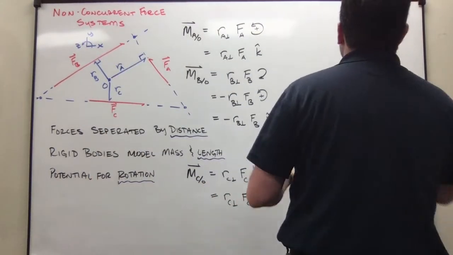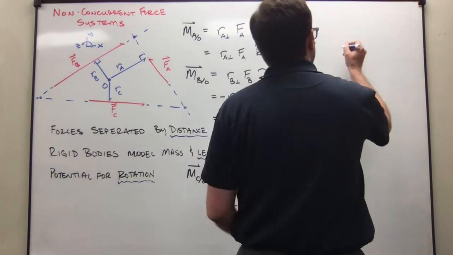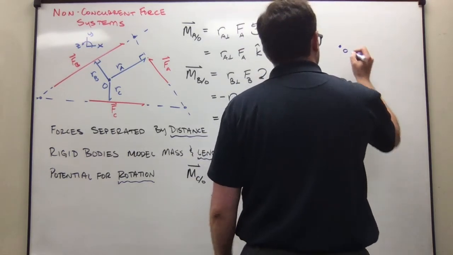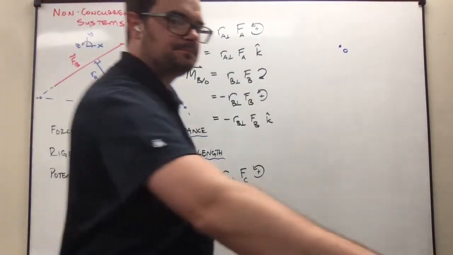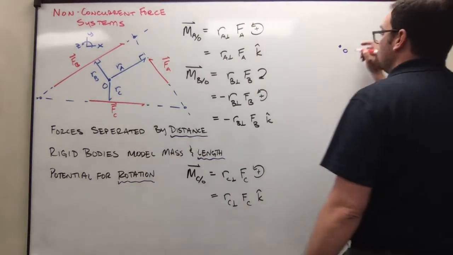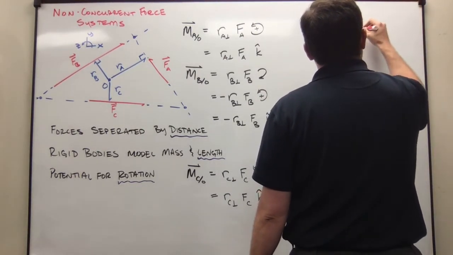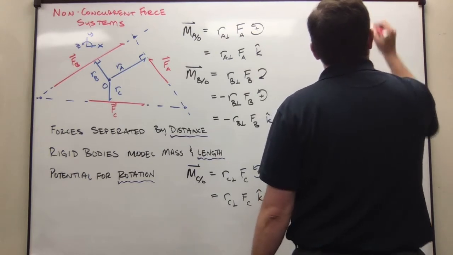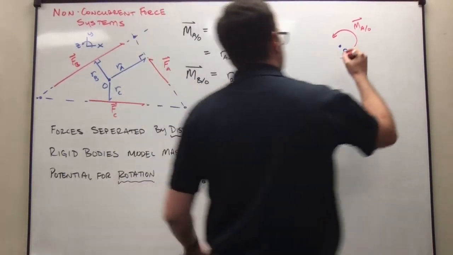So our equivalent system might look something like this, where we have point O, and then we have the moments acting on each one of these. The moment at A with respect to O is in the counterclockwise direction. The moment B with respect to O is in the clockwise direction.